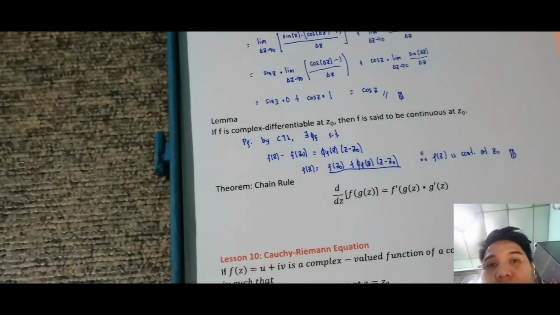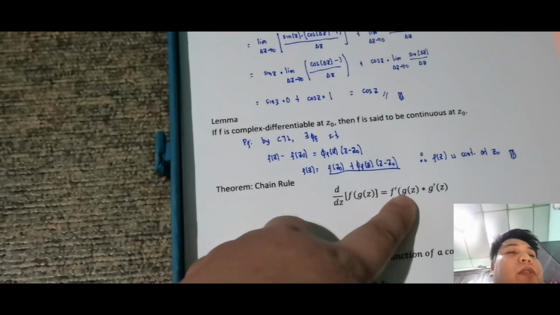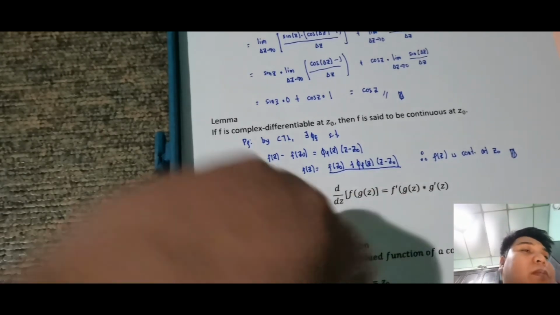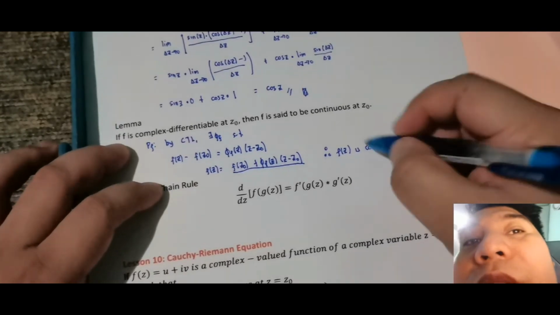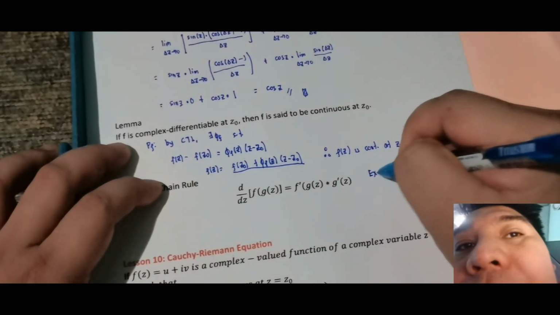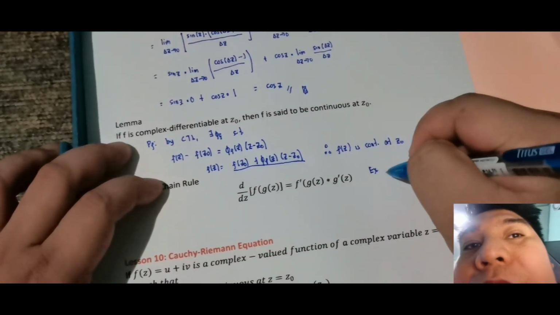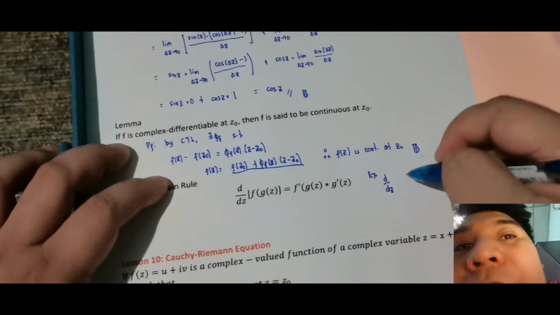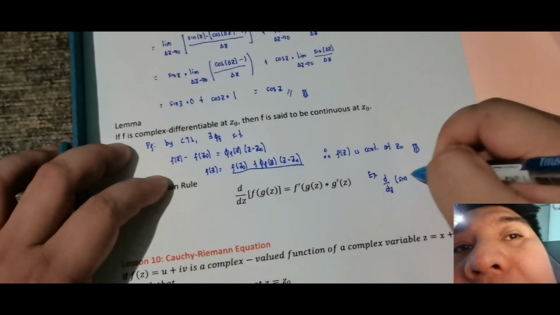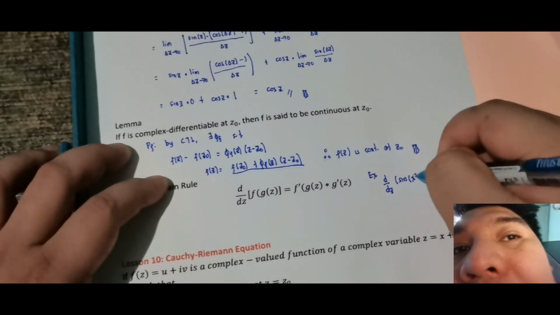Okay, next is the chain rule. So hindi ko na ipoprove. So alam nyo na yung chain rule. The derivative with respect sa z ng f of g of z is f prime of g of z times the derivative pa ng loob. So example lang, lagay ka na ng example dito. For example, let's kunin natin yung derivative with respect sa z ng sine x squared.